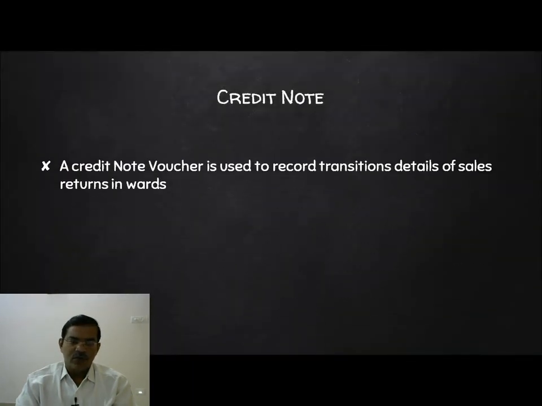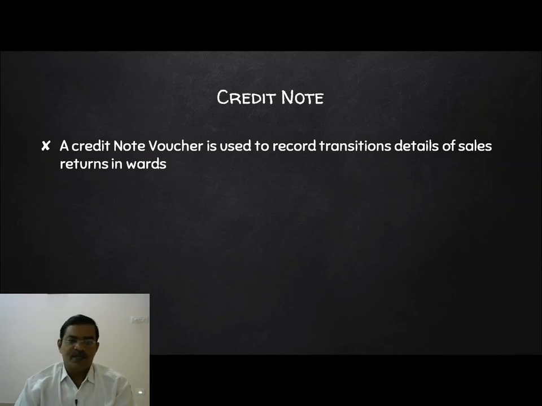So now, what is the credit note voucher? The credit note voucher is used to record the transaction details of sales returned inwards. The earlier one was outwards, now returned inwards, nothing but sales returns. In some cases we sold our products to various customers.